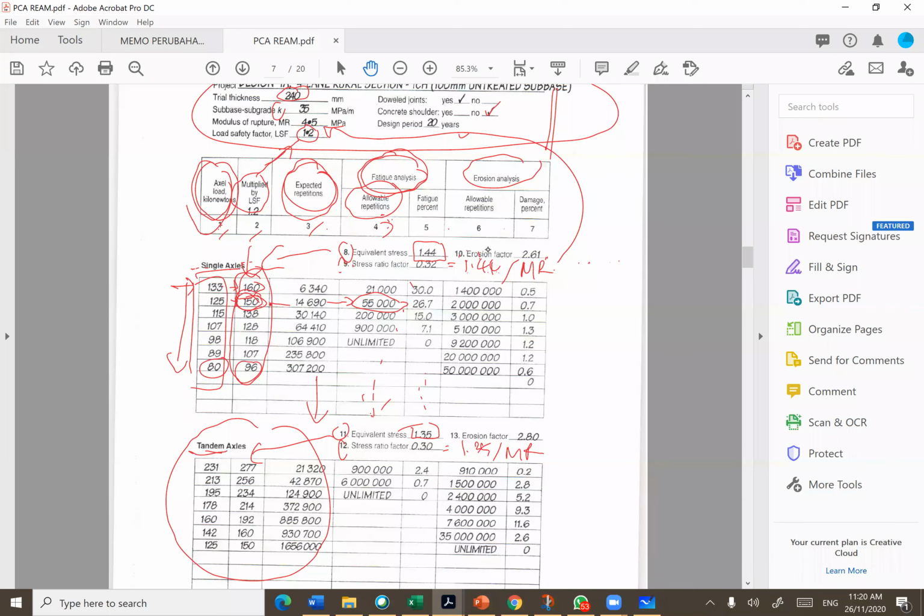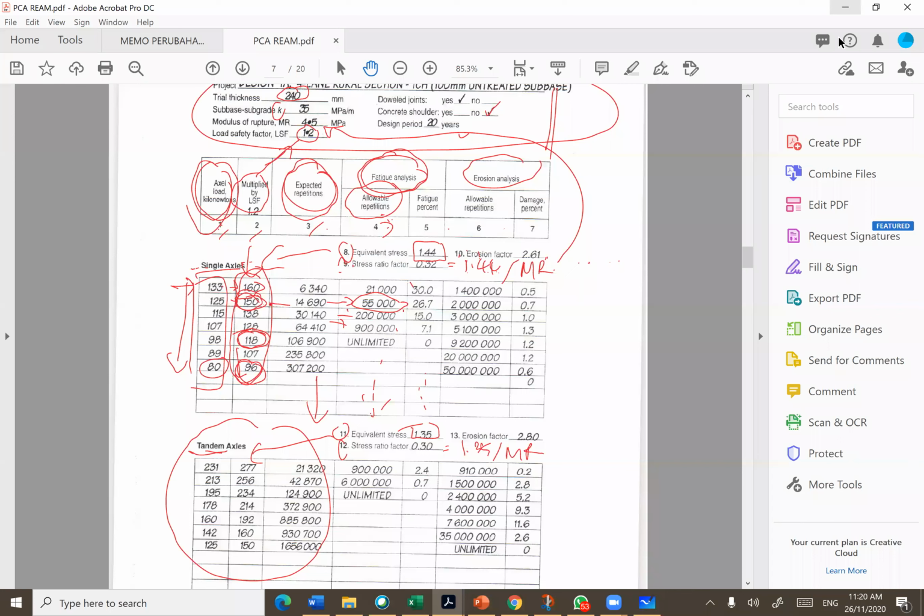All right, so let's now have a look at 118. The same procedure. Go for 138, 128, and you will get this 200,000 and 900,000. Before you go to 96 here, let's have a try first with 118.